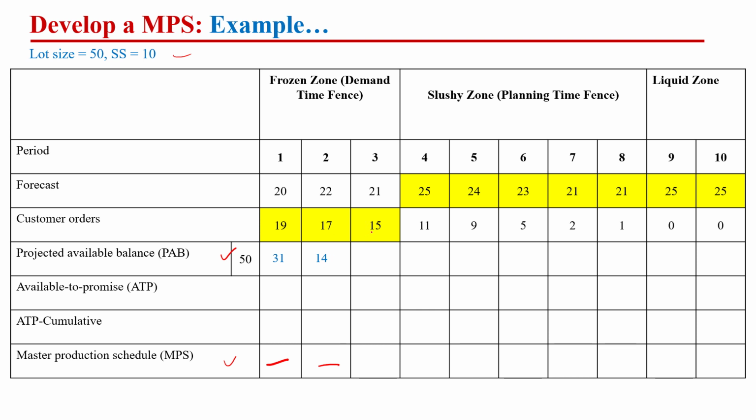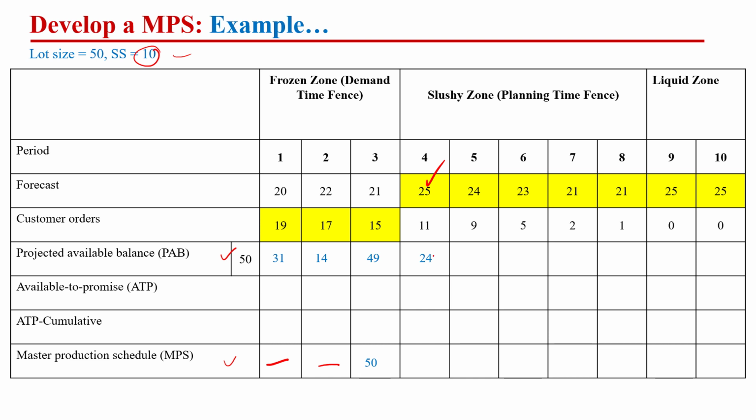So 14 minus 15 is going to be less than this safety stock, which is 10. So that means we have to produce over here, which is 50. So 14 plus 50 is 64, minus 15 is going to be 49. So again, for the projected available balance, 49 minus 25 is going to be 24.